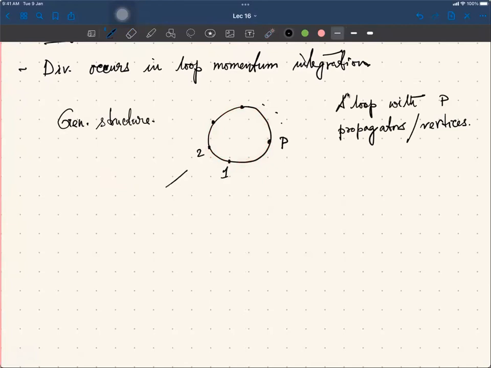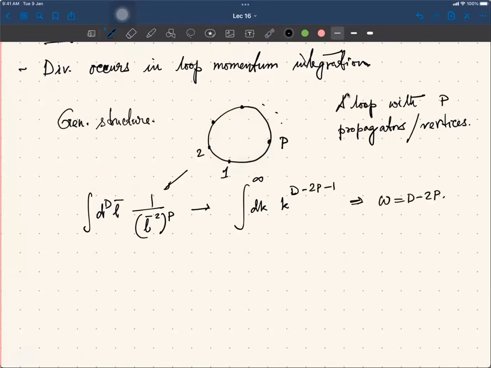For such a loop, the momentum integral will be of this form, a Euclidean momentum integral. It's a d-dimensional integral, and in the denominator you have L bar squared to the power p, and in this region it will look like the following: d minus 2p minus 1, and therefore omega is equal to d minus 2p.